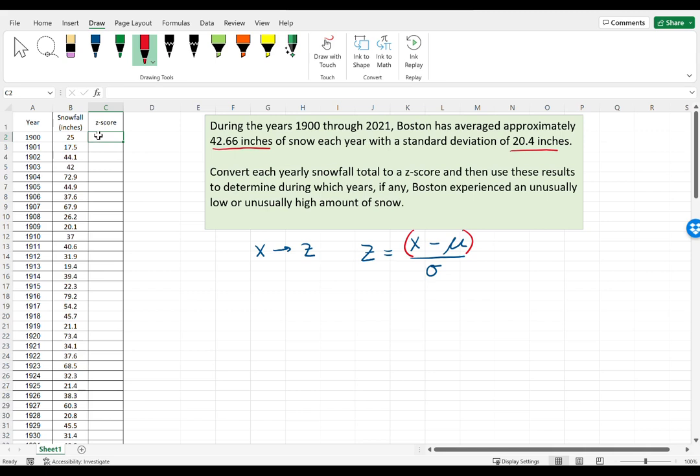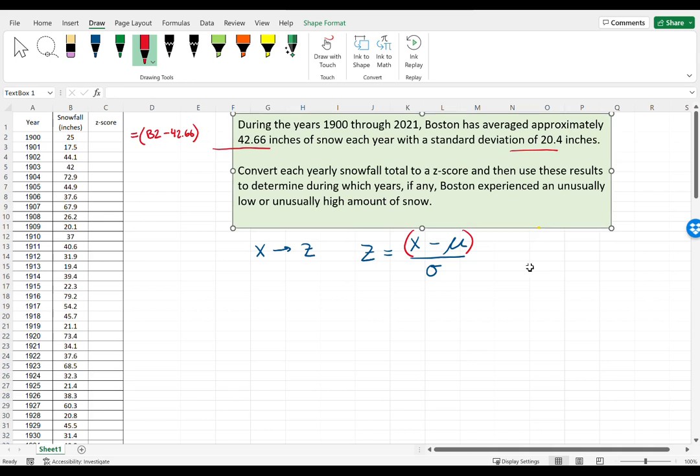So in that cell C2, I'm going to type in equal, and in parentheses, B2 minus the mean, which is 42.66, close parenthesis, and we'll divide that by the standard deviation, so slash 20.4. That'll give us the z-score for the first year, the year 1900.